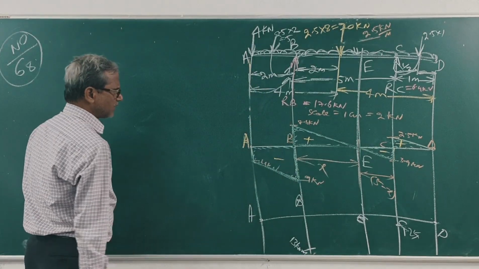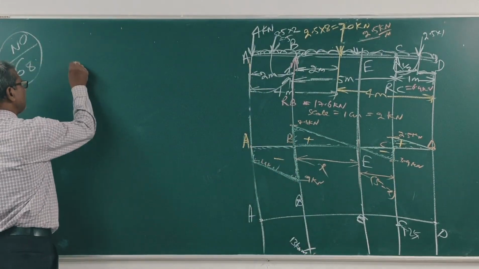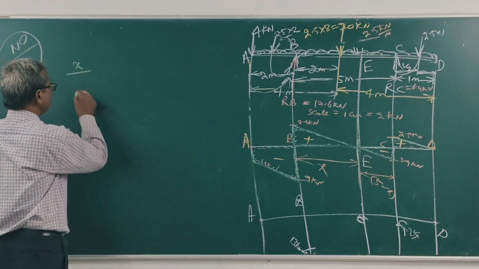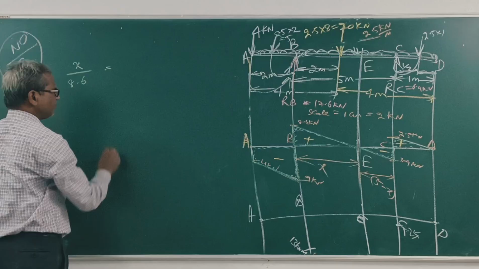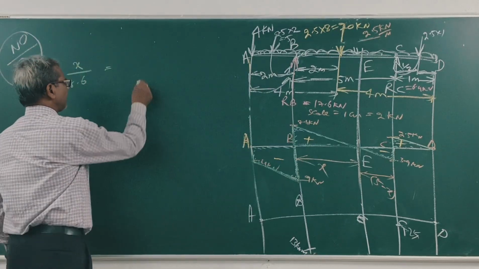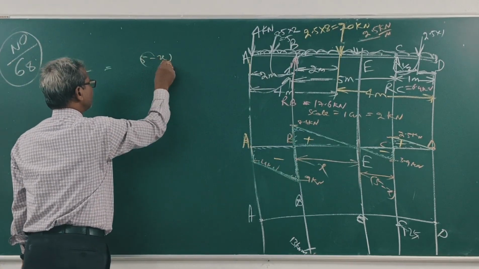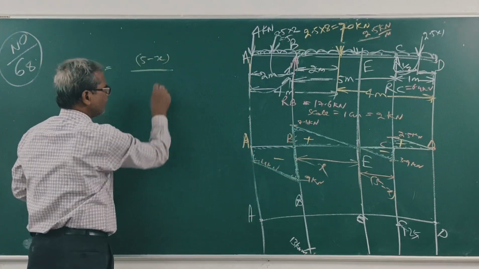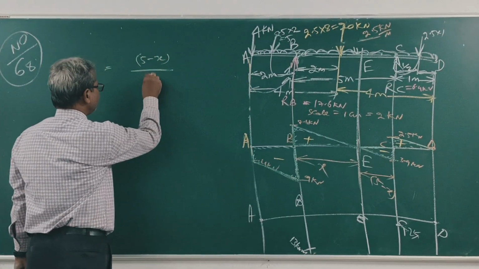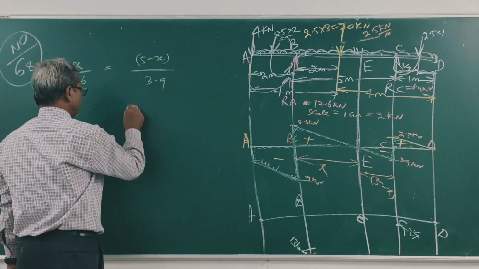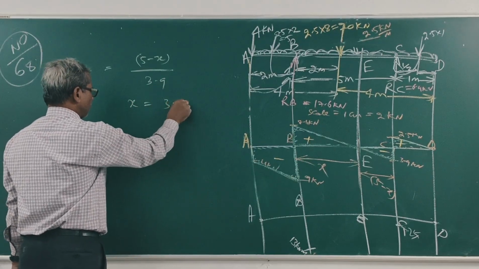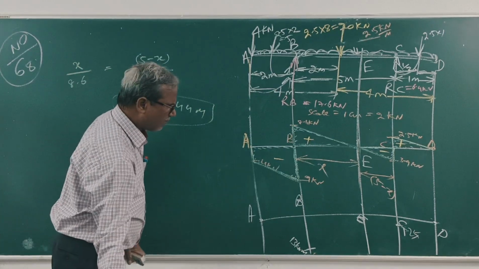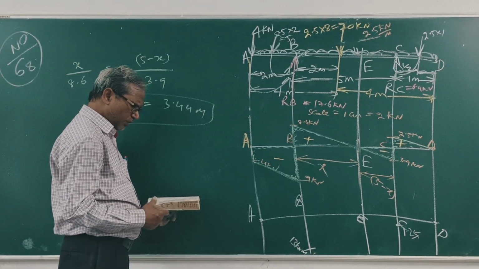So x by 8.6 equals 5 minus x by 3.9. Clear? On solving, we get x is equal to 3.44 meter.